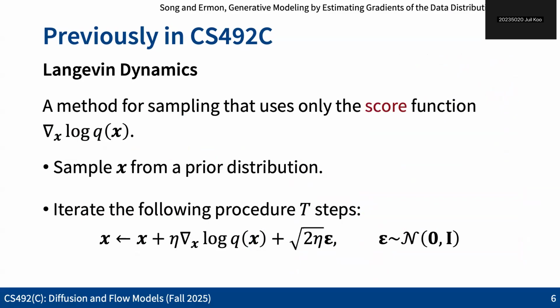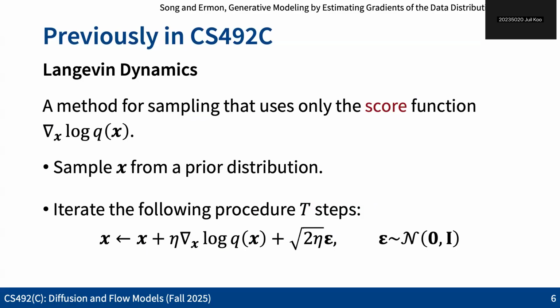Once we can compute the score, which is the gradient of the log probability, we can sample from that distribution by iterating this process, starting from a sample of any prior distribution and then moving that point using this kind of step, using the score function here.